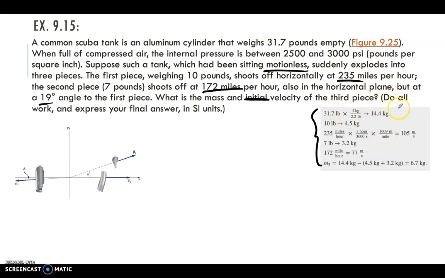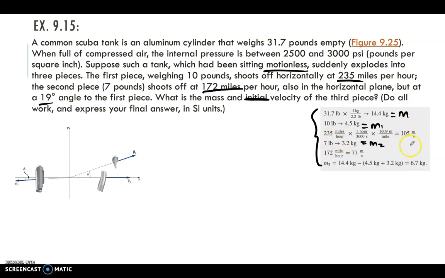This is our initial mass, so I'm just going to say M. And then we have our first piece, I'm going to say that's M1. And then our second piece, 7 pounds, that's going to be M2. Then we have our velocities.